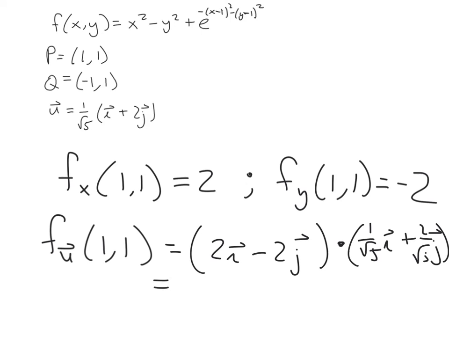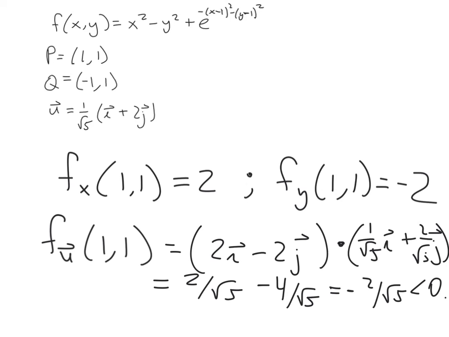And taking that product, I have 2 over root 5 minus 4 over root 5, which is equal to negative 2 over root 5. And this quantity, first of all, we've just actually found the rate of change of the function in our direction of interest, and it indeed was negative.